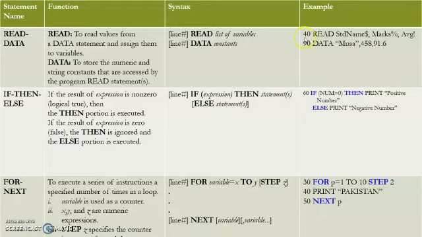Here the example shows that at line number 40 we have used the READ statement and listed the variables. The first variable is student name with a dollar sign, comma, marks integer, then average single precision variable, and in the DATA statement at line number 90 we have given the values as constants to the READ variables.